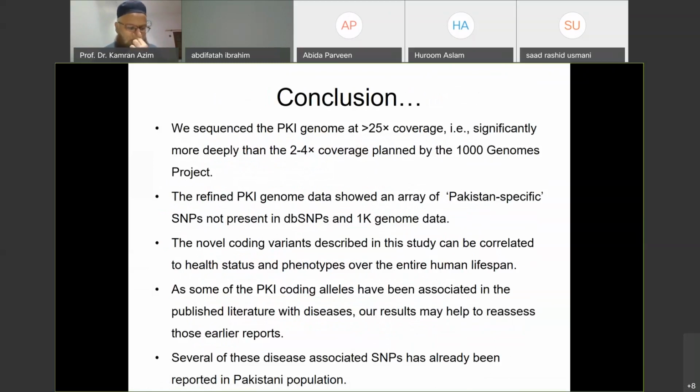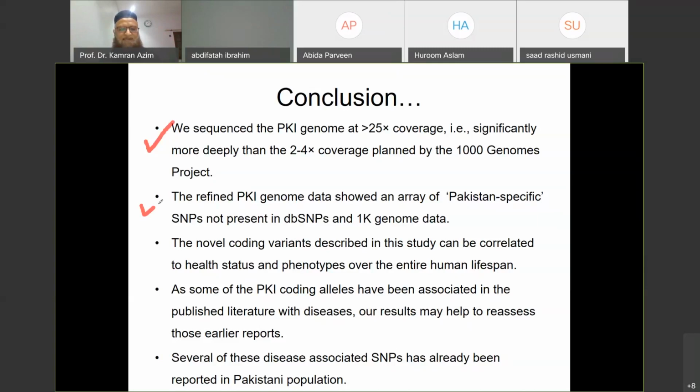In the conclusion, what I can mention here is that we sequenced a Pakistani individual genome at 25x coverage, which was significantly more than the sequencing carried out by the 1000 Genomes Project.